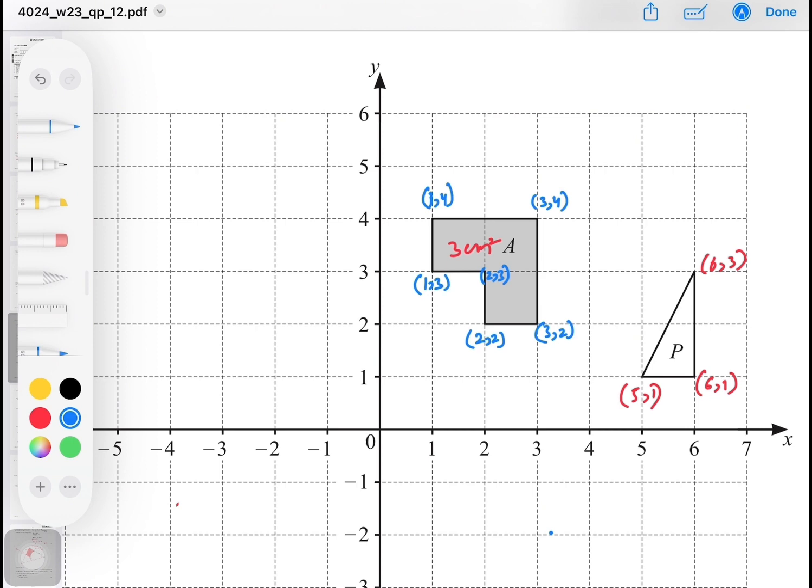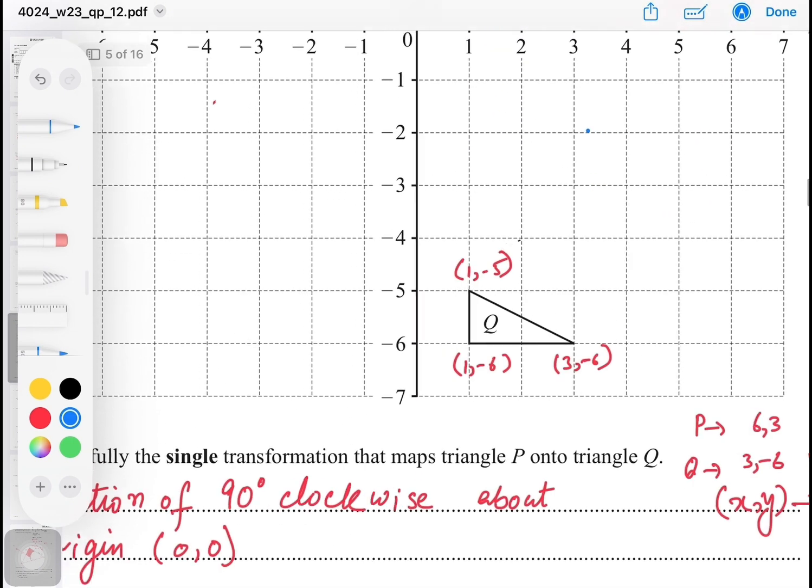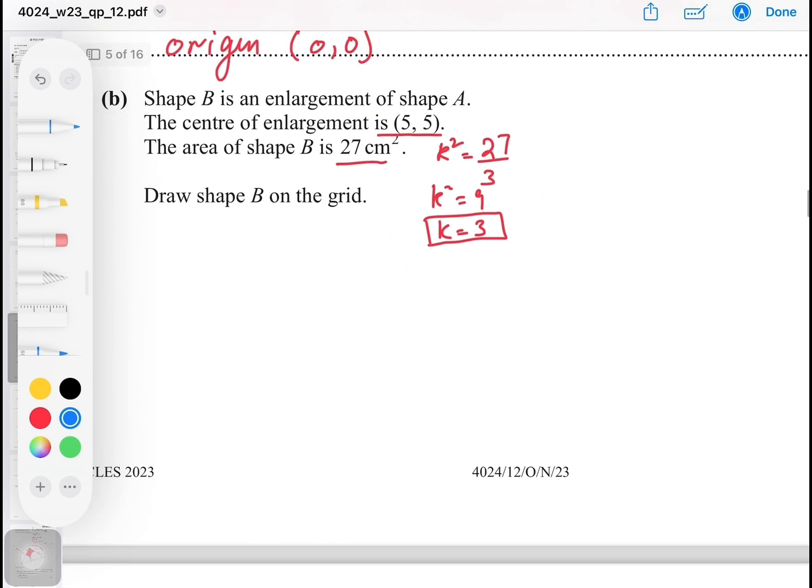To find out the coordinates of shape B, we will write all the coordinates, that is 1, 4, 3, 4, 3, 2, 2, 2, 2, 3, and 1, 3. So first of all, we will subtract the center, that is 5, 5.